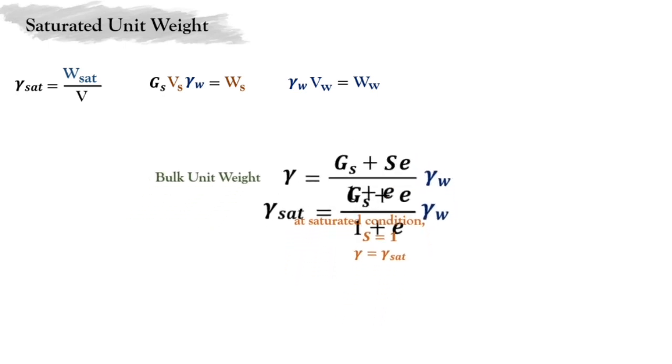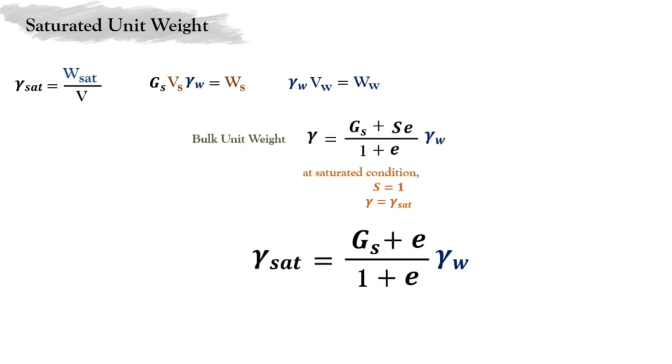So, babalik ka pa rin doon sa na-derive natin kanina lang na formula. So, ibig sabihin pala, yung dry and saturated unit weight ay pwede mong ma-derive using the bulk unit weight, pero kailangan mong i-incorporate yung kanilang condition. Kung sa dry or saturated condition ba yung soil natin. Okay? So, yan yung formula for the saturated unit weight.